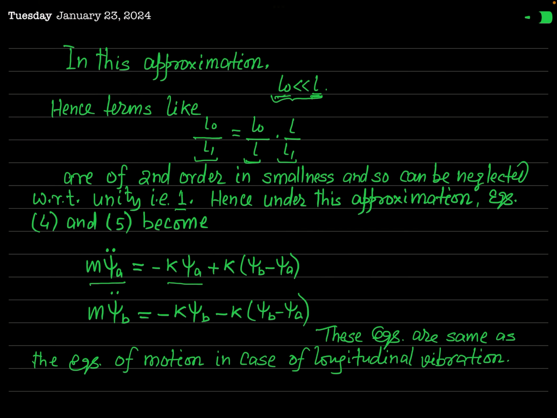And similarly, the second equation will become m times psi b double dot equal to minus k times psi b minus k times psi b minus psi a.